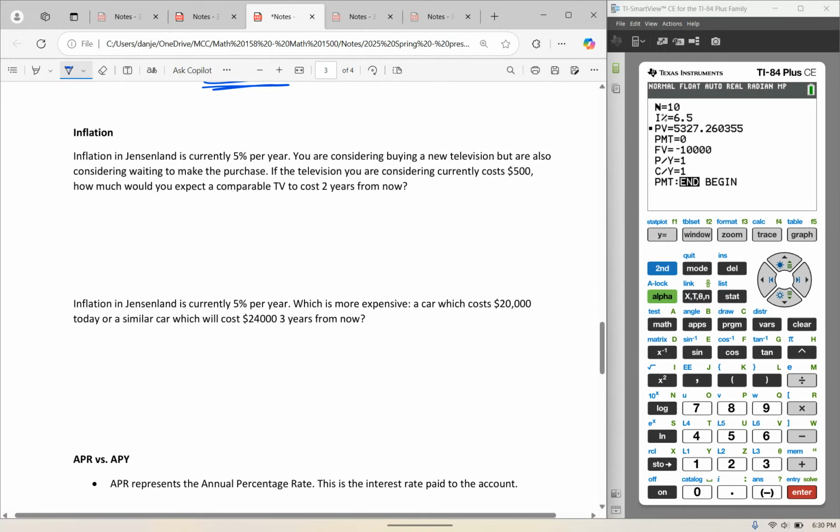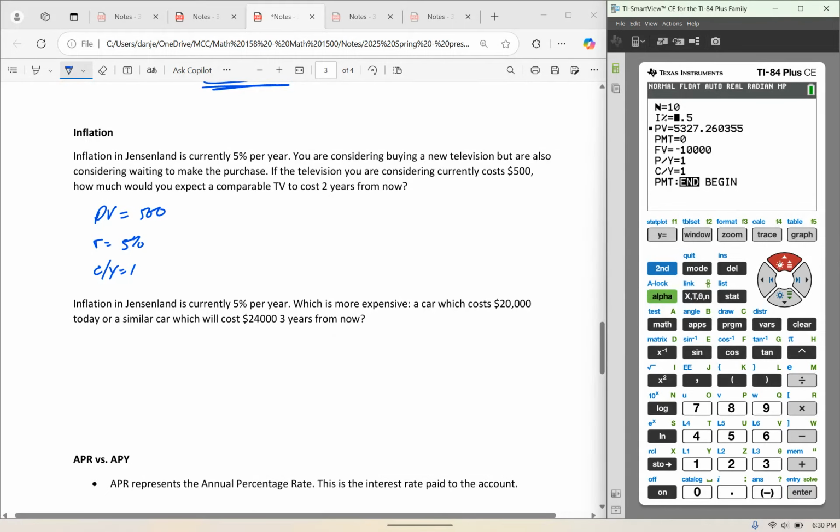If the television that you're considering currently costs $500, what would you expect to pay for that 2 years from now? I'm going to look at this as if the present value of the TV is $500 and it's increasing at 5% interest per year, annual growth. What would that TV be worth 2 years from now?